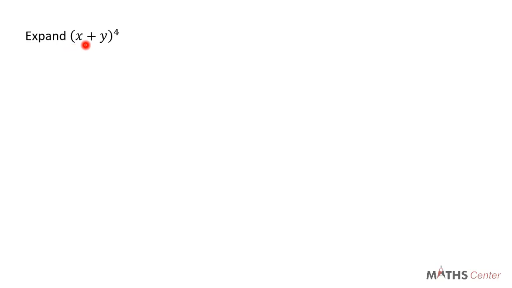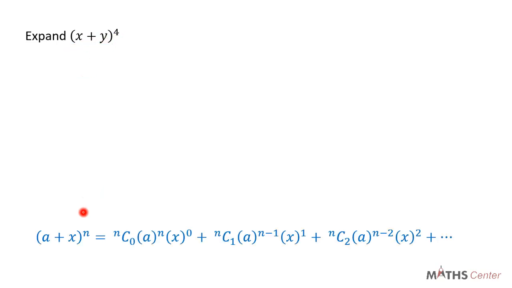We are going to expand x plus y exponent 4. We have learnt that if you have a binomial expression of the form a plus x exponent n, it can be expanded as n combination 0 a exponent n x exponent 0 plus n combination 1 a exponent n minus 1 x exponent 1 plus n combination 2 a exponent n minus 2 x exponent 2, and the order continues on and on.